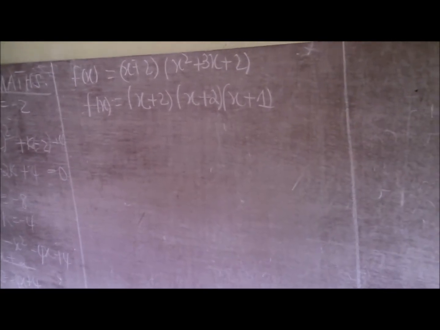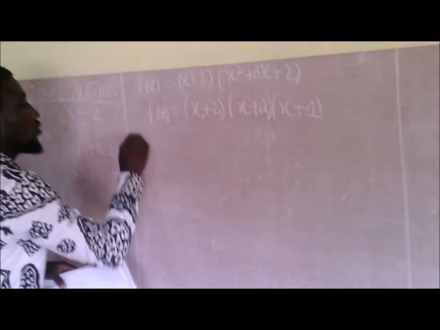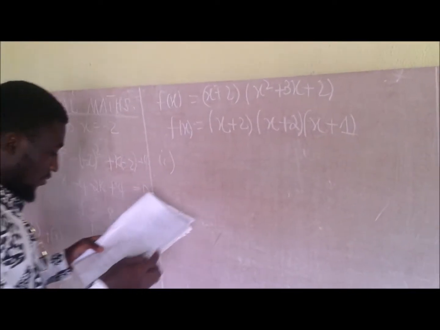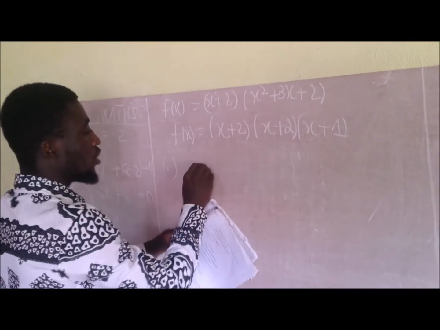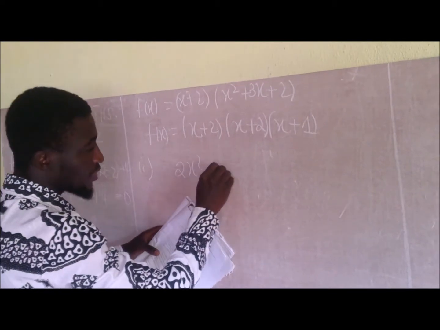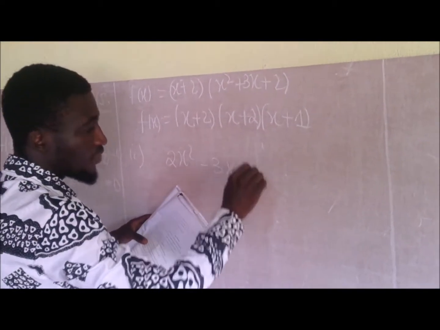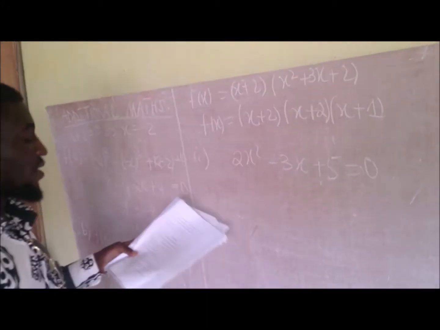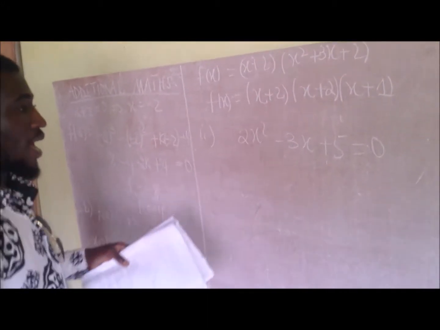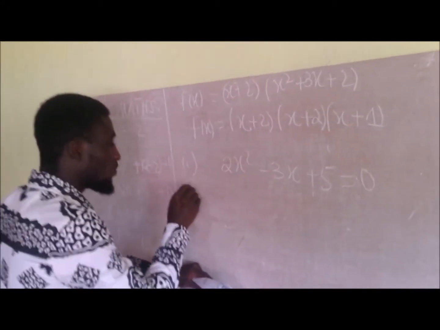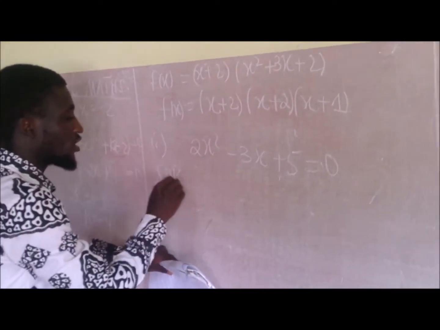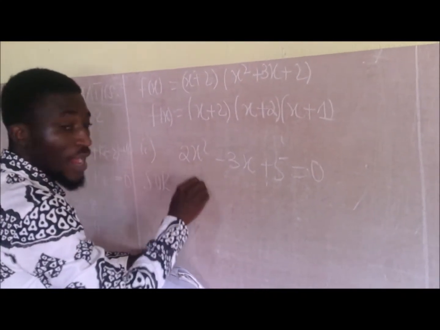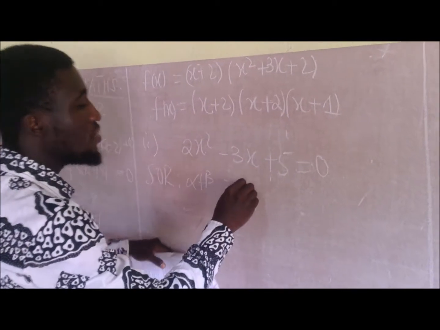Okay. Now we move on to the C question, the second part of the question, Roman 2. You see, given the roots of the equation 2x squared minus 3x plus 5 equals 0 are alpha and beta, we are being asked to find the value of alpha plus beta and alpha beta. So alpha plus beta, sum of roots, which is abbreviated SOR, is negative b on a.